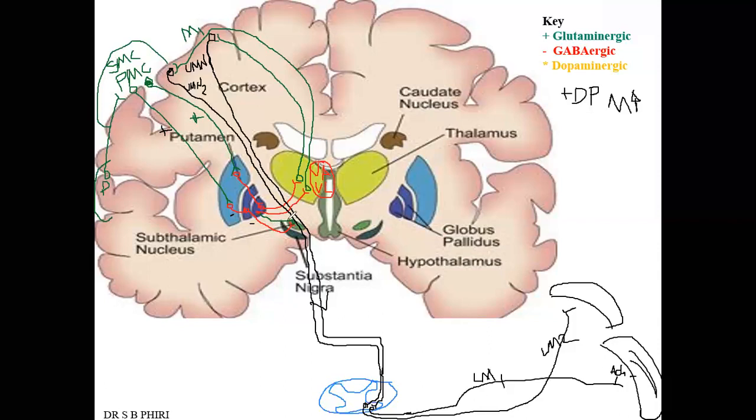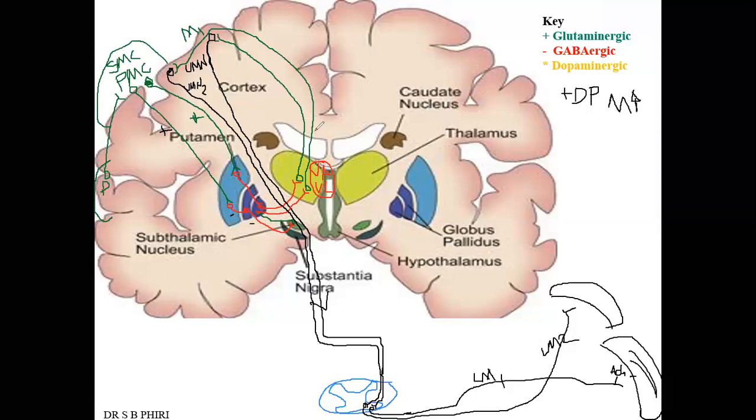So the excitatory neuron now will fire action potentials. And these action potentials are going to stimulate another inhibitory neuron that is starting from the globus pallidus internal segment. And this neuron, since it's inhibitory, then the firing of action potentials is going to increase because it has been stimulated. It's going to inhibit the neuron that is projecting to the cortex.